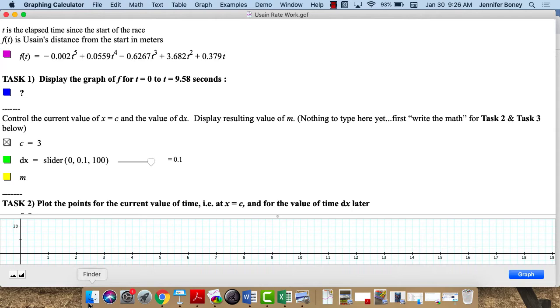We'll talk about that later. Remember, if your graph seems to be in a weird spot, if you can find the X and Y axes, you can click on them and drag the graph around by those.